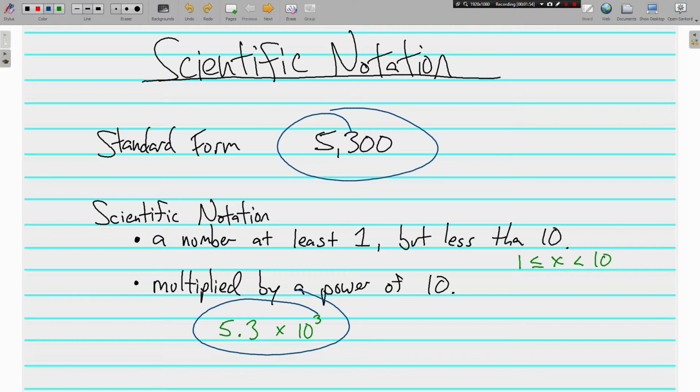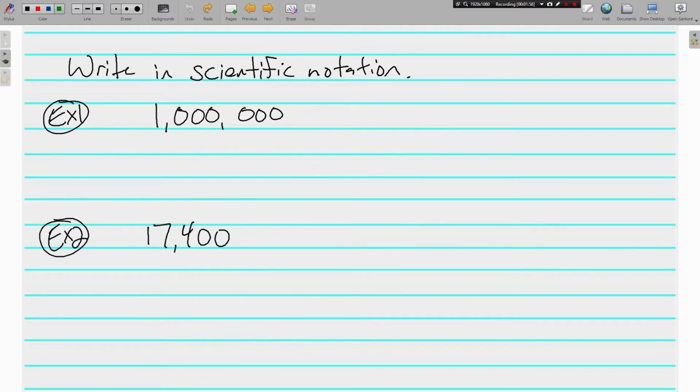Let's look at some more together. Write in scientific notation, starting out with 1,000,000. First we need to know where the decimal point is, and in whole numbers like this, it's usually at the end on the right.